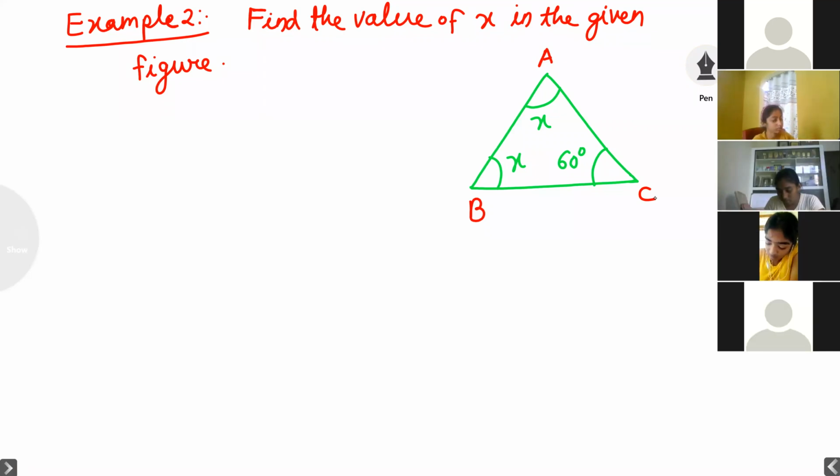No problem. Whatever angles they have given, I want to add them, and it is equal to 180 degrees.